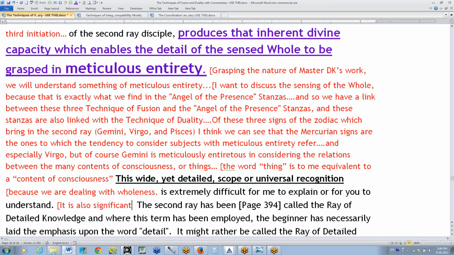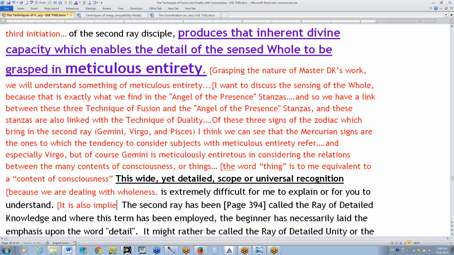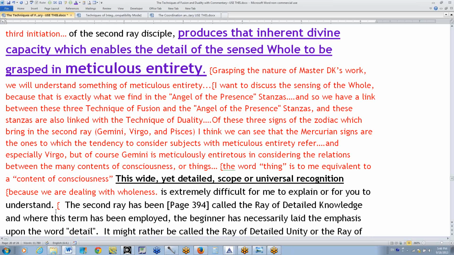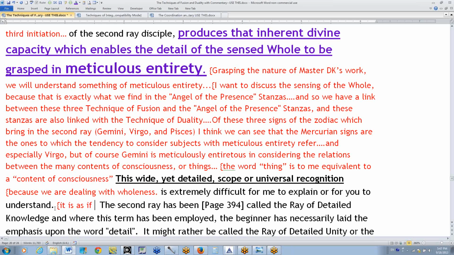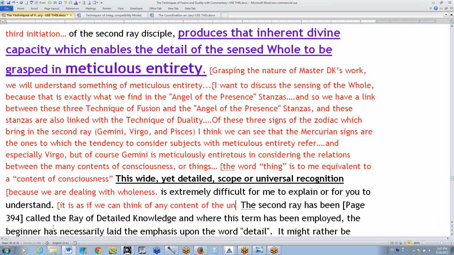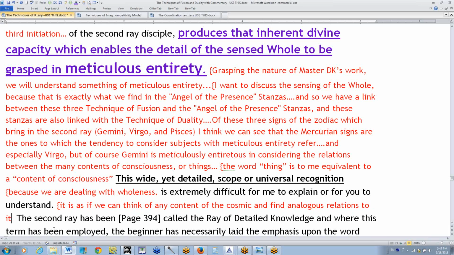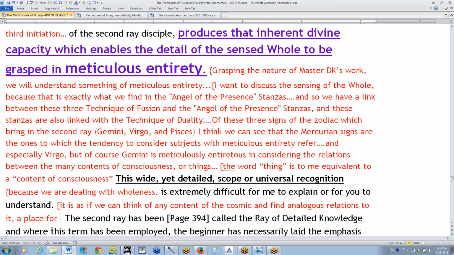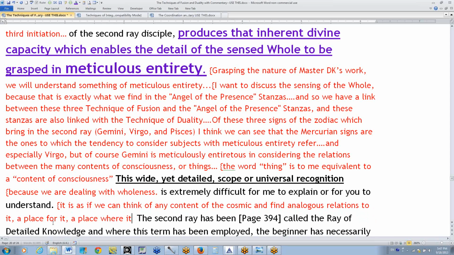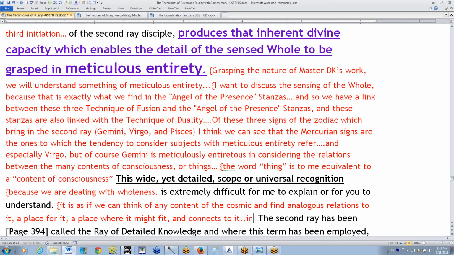It is as if, no, it is. How does that go? It is as if we can think of any content of the universal, of the cosmos, and find analogous relations to it, a place for it, a place where it might fit, and yes, connections to it, links.